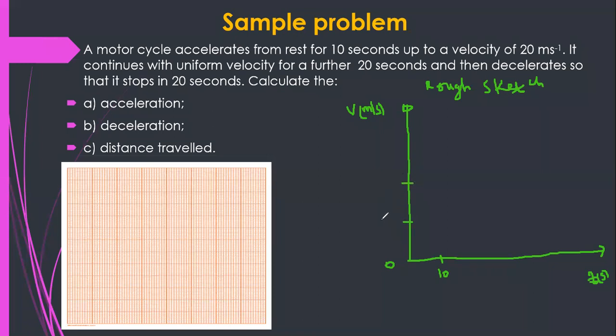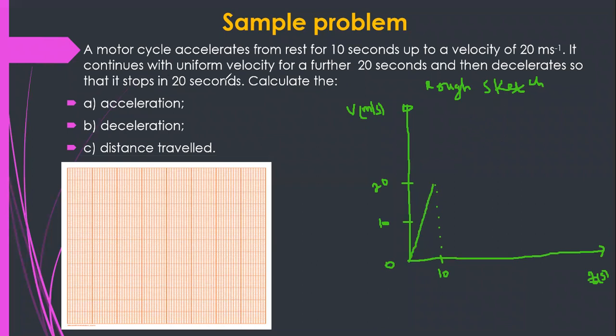This is just a rough sketch, so we're not going to be accurate here. So this is 10 and this is 20. For 10 seconds to reach the velocity of 20 meters per second, let's use a broken line to trace from 10 seconds to 20 meters per second here. And then we're going to have the motion like this. So this is the first motion.